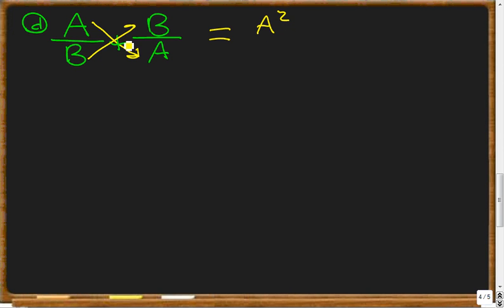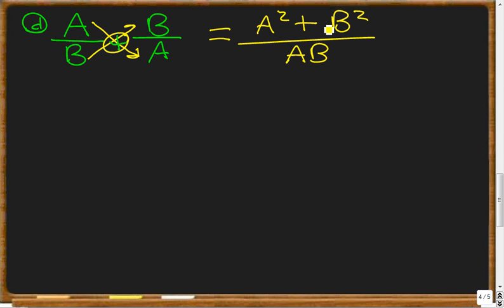We then add the multiplying up, which is b squared. We then divide by b times a, which is the same thing as a times b. So I'm just going to make that a little simpler.